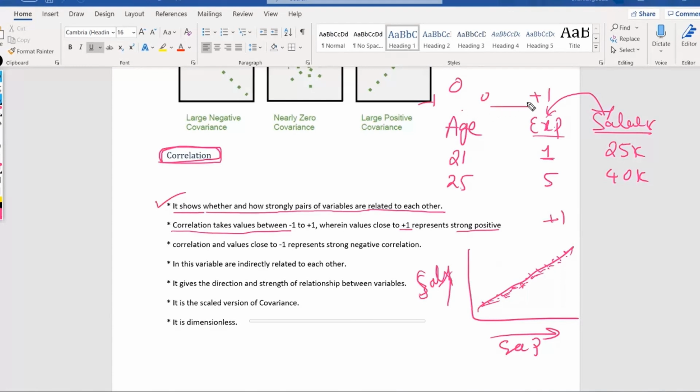As my data moves towards the right side, it means there is a strong relation. If it goes in the other direction, there is a weak relationship. And 0 is neutral, there is no relationship. So +1 indicates a strong positive and -1 represents a strong negative correlation.